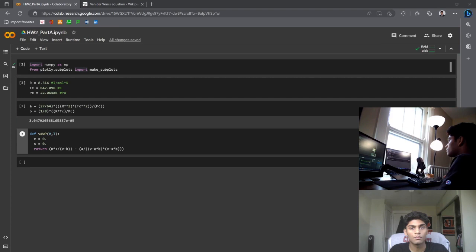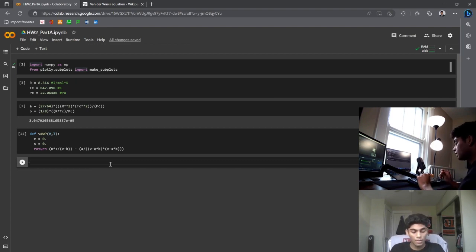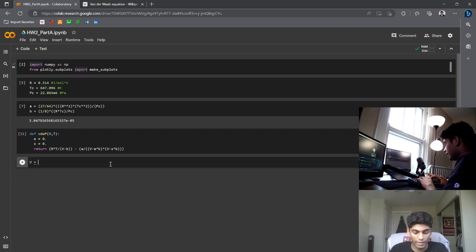All right. So now that we have this function done, let's go ahead and create some volume and temperature values, shall we? For this volume, we're going to make this an np.logspace. And we're using log because of the difference in magnitude between the density of a gas versus the density of a liquid.